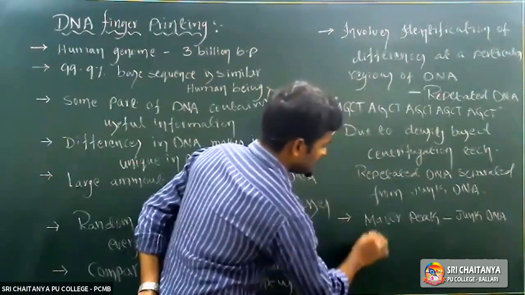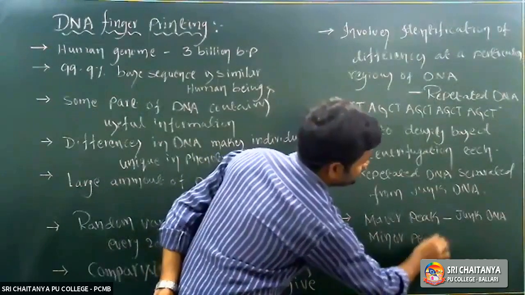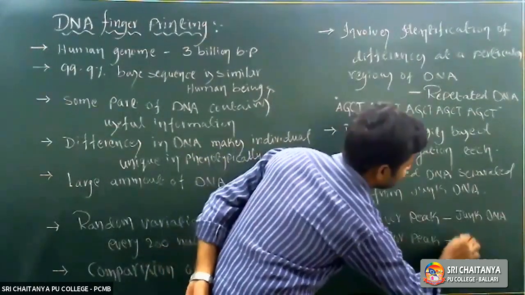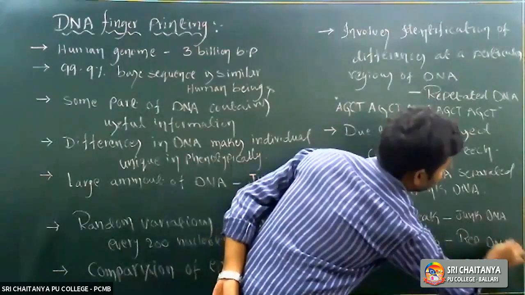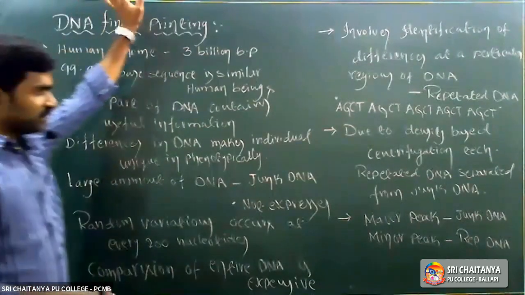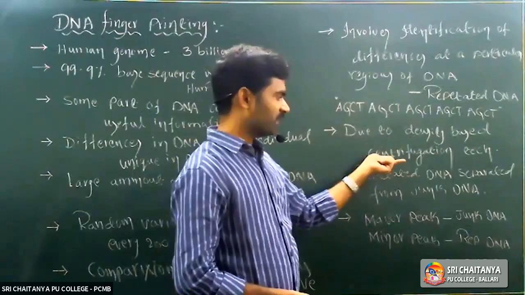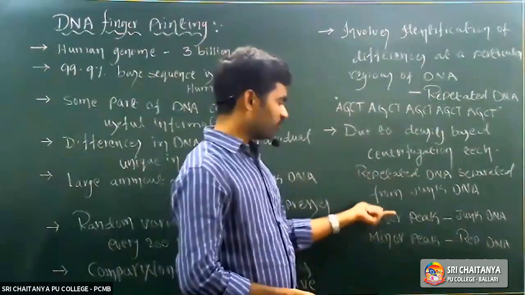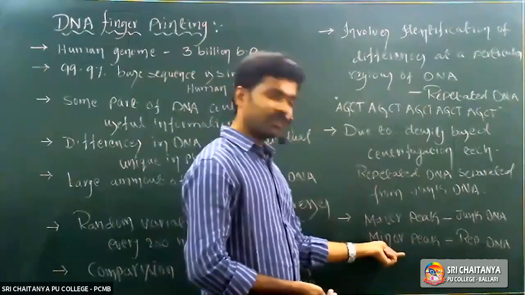So the minor peak is repeated DNA. Is it clear? The genetic material of the human genome was collected, and when they performed the density-based centrifugation technique, two peaks were formed in the test tube, one major peak and another minor peak.